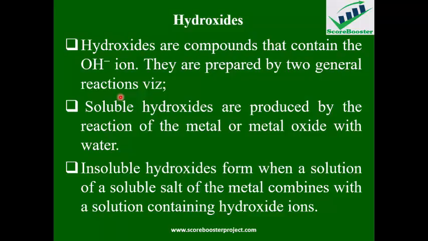The reason we use metal oxide with water is to reduce the severity of the reaction, because with sodium, the reaction with water is a very violent one. It's very, very dangerous and it's difficult to handle. So to be on the safer side, chemists decided to use a metal oxide like sodium oxide. Now they react with water.